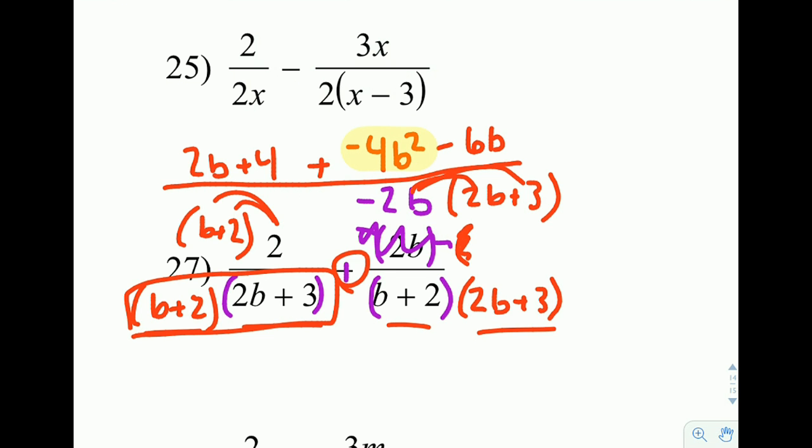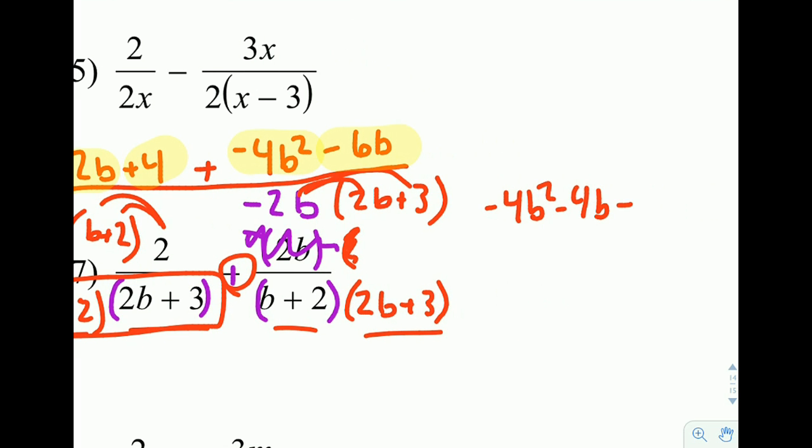This is my only b squared term, so I'm going to get negative 4b squared. And then my b's, I have a 2b and a negative 6b, so those combine to negative 4b. And then I have a 4. So plus 4 all over, and then on the bottom I have b plus 2, parentheses, 2b plus 3.